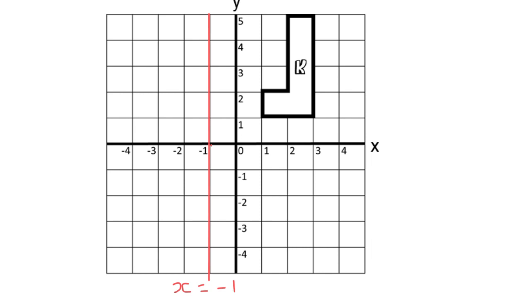Now I need to look at how far I am from the mirror line for each of my points. So point 1 here, you can see I am 2 jumps from the mirror line. So that means I need to go 2 jumps from the mirror line in reverse. Point 2, I'm 4 points from the mirror line, so 4 points from the mirror line would go here.